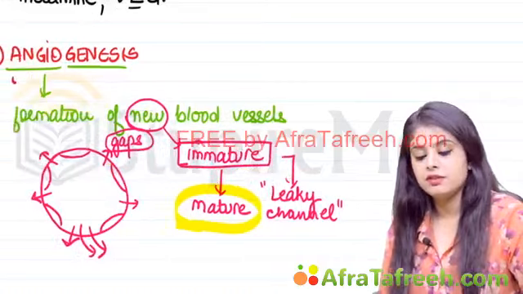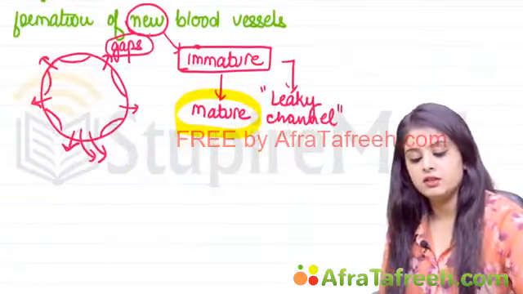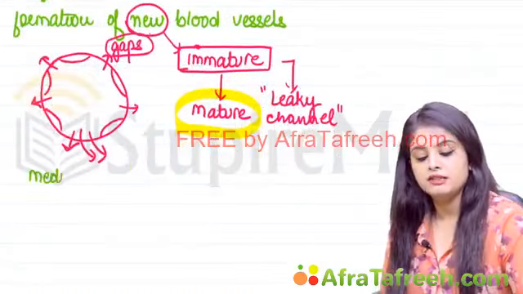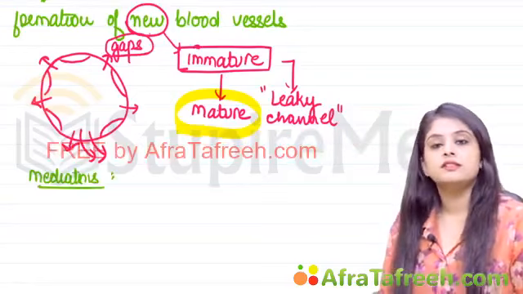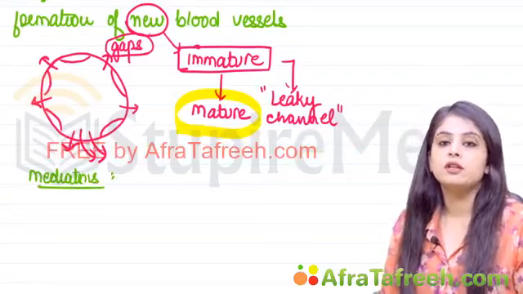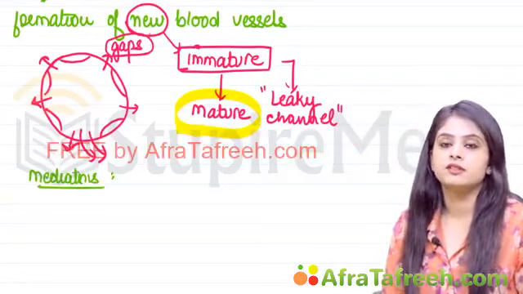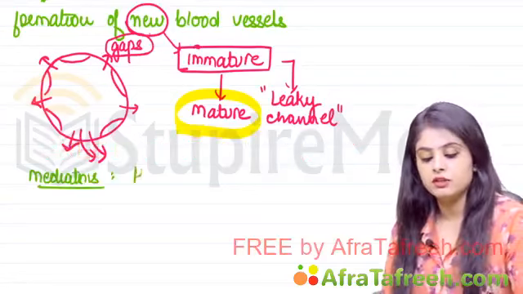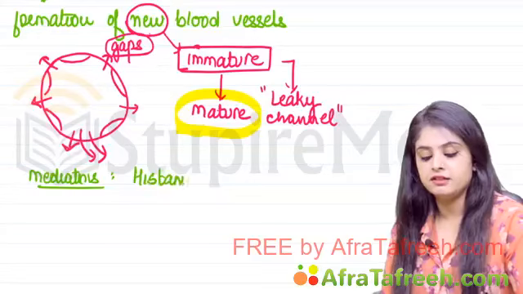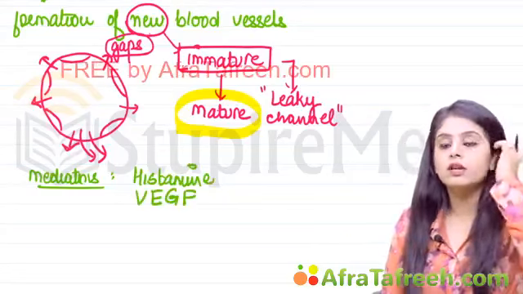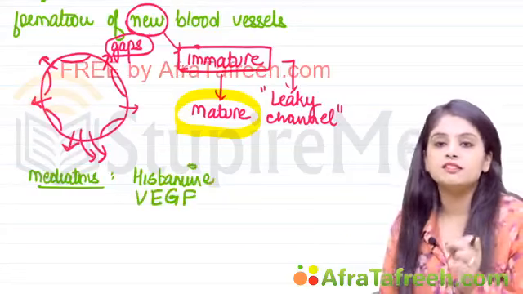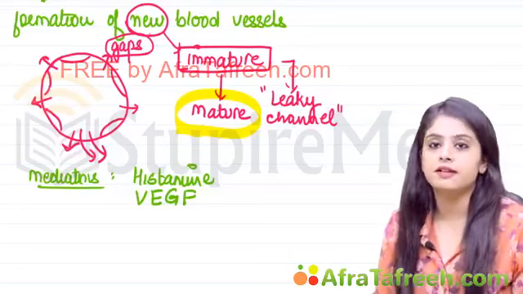Now remember students, for everything we were doing mediators. So what are the mediators that we have for angiogenesis? These are the same mediators that we had for transcytosis. Please recall, those were our favorite, that is histamine and vascular endothelial growth factor. Again, we are growing new blood vessels, so we need a vascular endothelial growth factor.